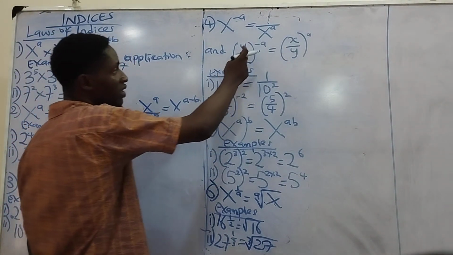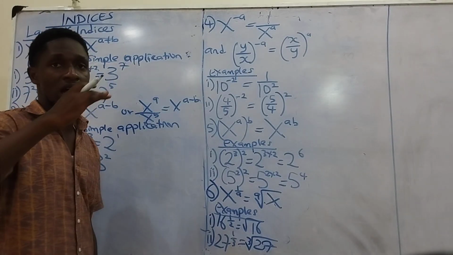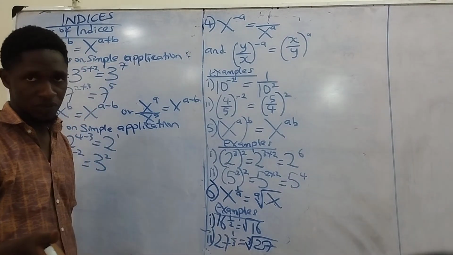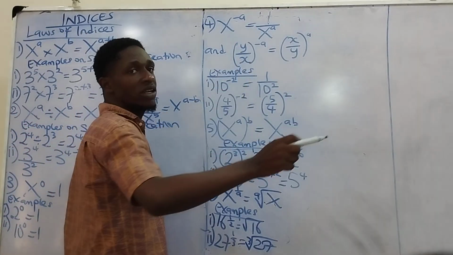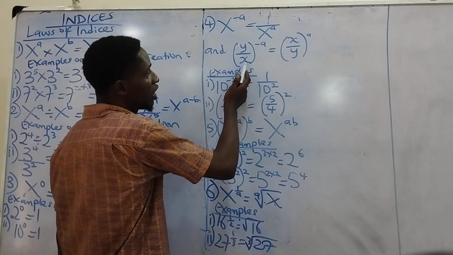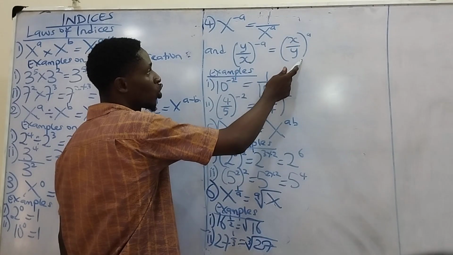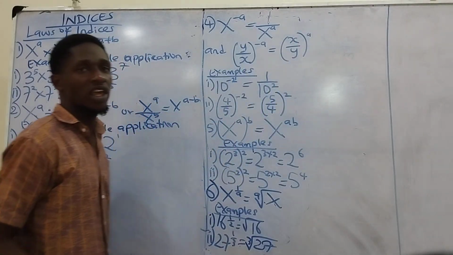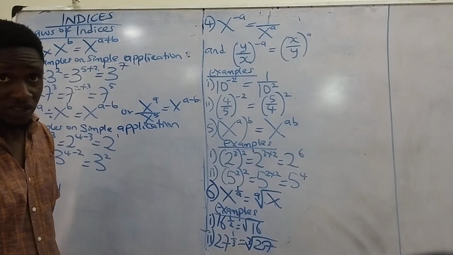And there is something here: in a case where we have a numerator and denominator, talking about a fraction, instead of doing 1 over the fraction, what you will do is that the x down here will go up, the y here will come down, and it will take a positive power. Can you see that now?